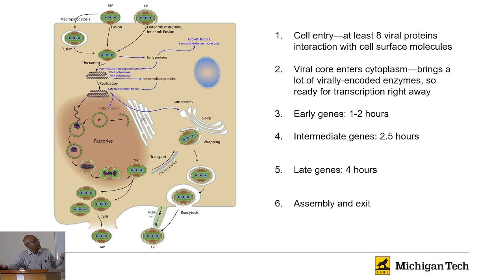Packaging happens in the Golgi, where all the wrapping happens, then it is transported. There are two ways of releasing the virus. They can lyse the cells, killing them because they multiply so much. Or they can be released by endocytosis so that new virus can infect and use the same cells for growing.